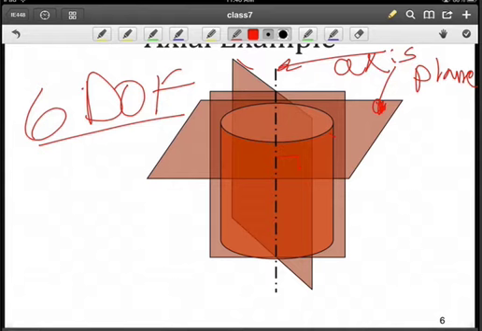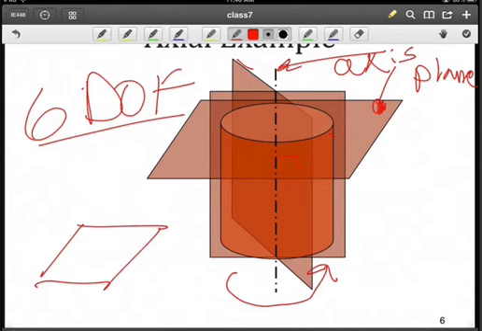So there is some ability to deviate, and that has to do with rotation about the axis. So essentially our datum reference frame looks like an axis perpendicular to a plane. Clearly, if I have another part feature that I relate, it can rotate about that axis and still be in the correct location and orientation.